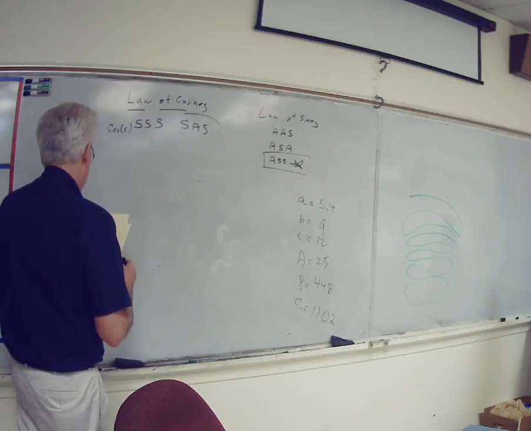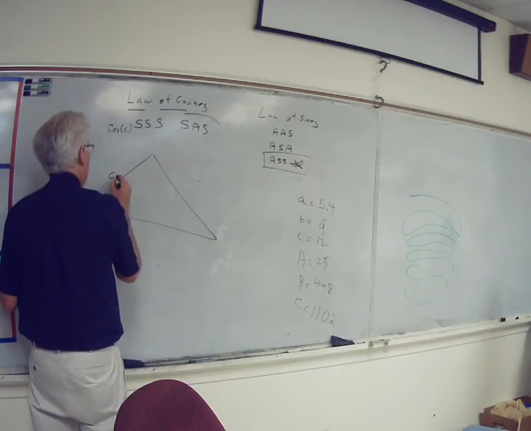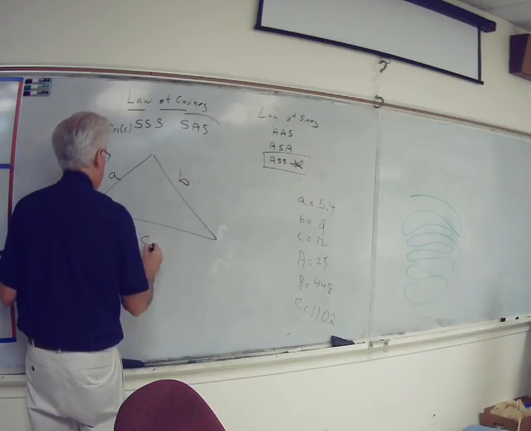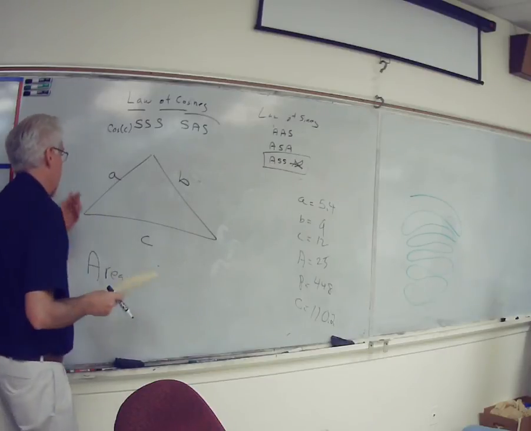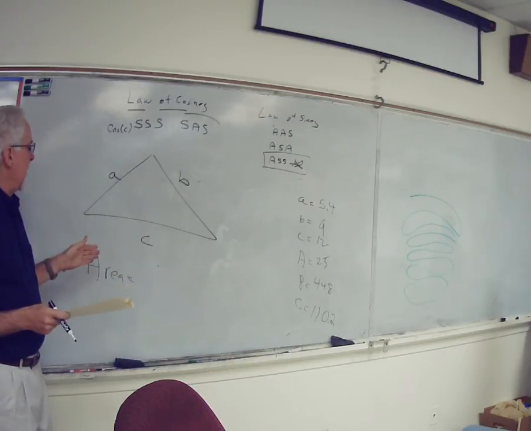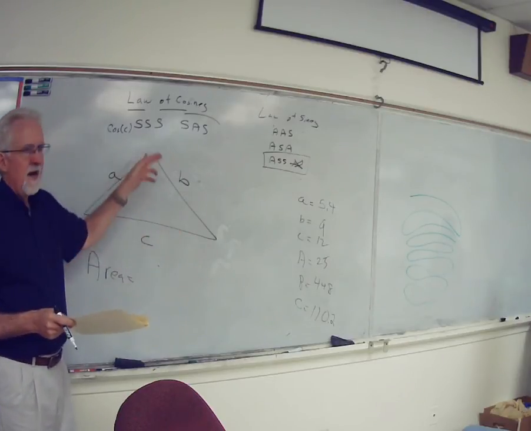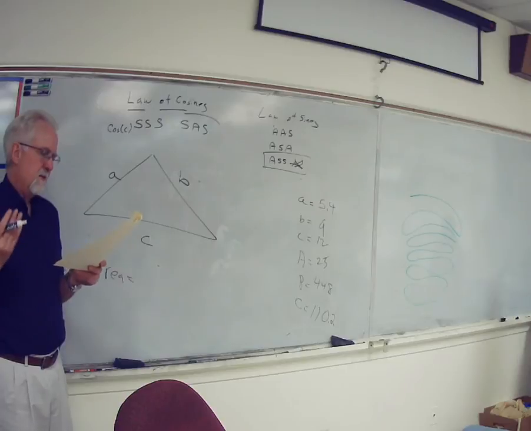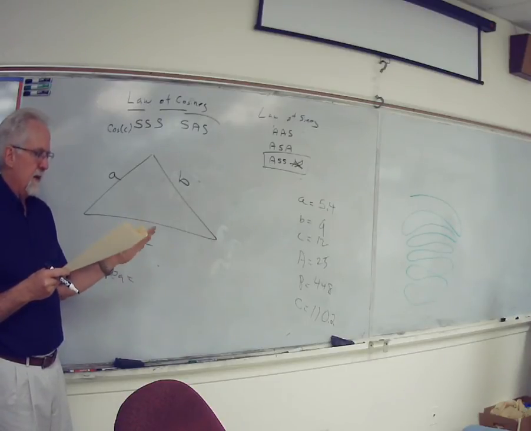Let's say that I have a triangle, and I give you a, b, and c, and I want to find the area. Now the problem is, you know that it's 1/2 base times height. Well, you know the base, but you don't know the height. So you would have to figure out the height first.